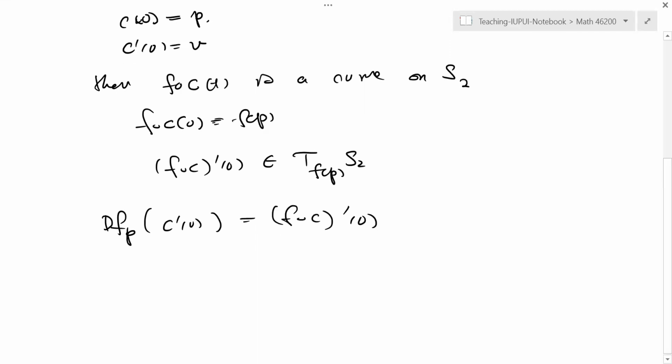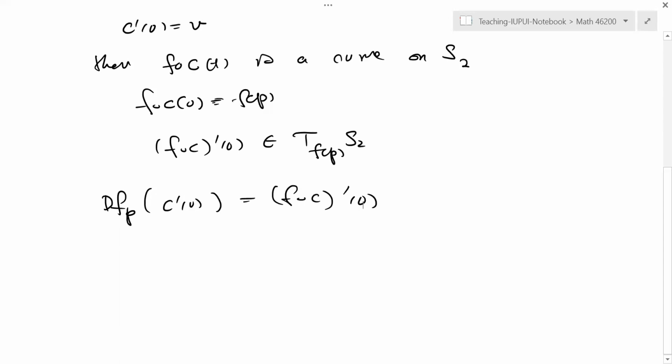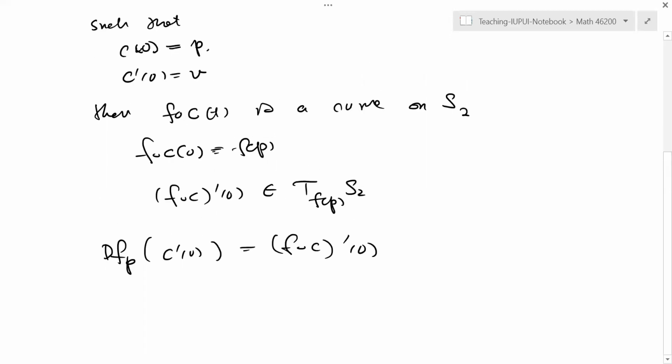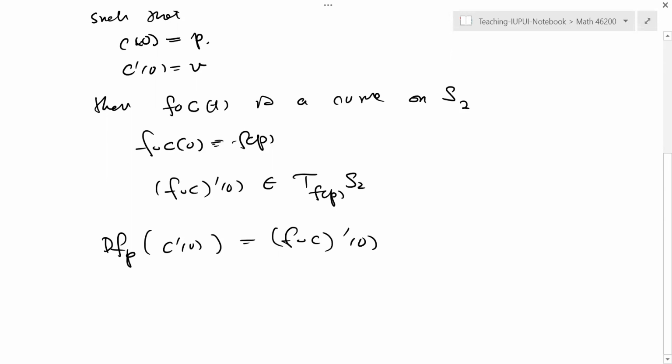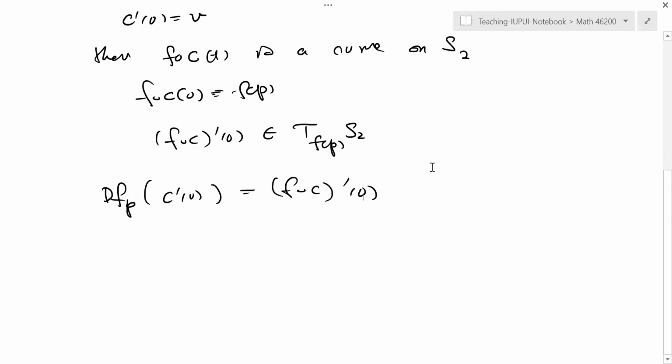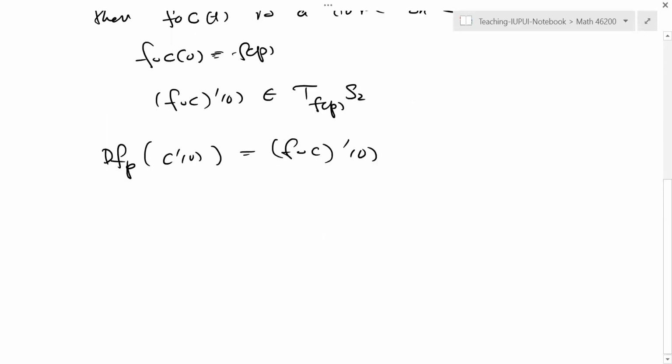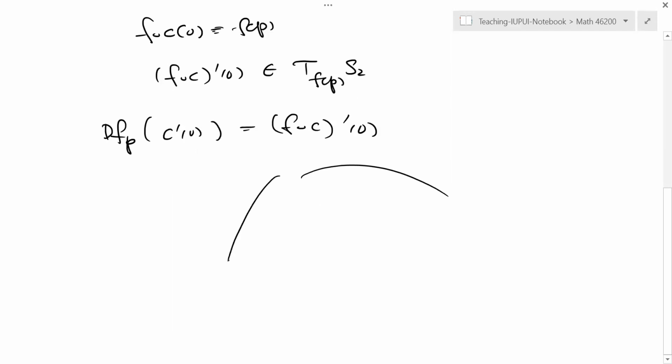And the local formula for a tangent vector, let's find the local formula when we are given a surface patch. This is a review for the linear map.